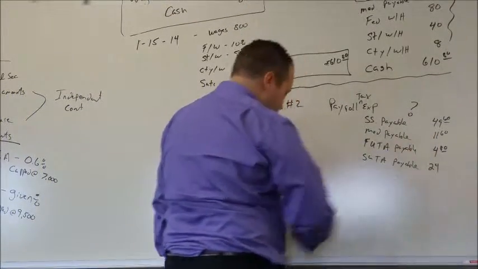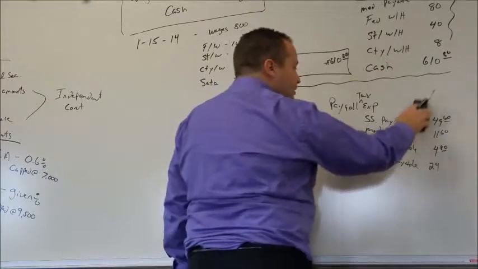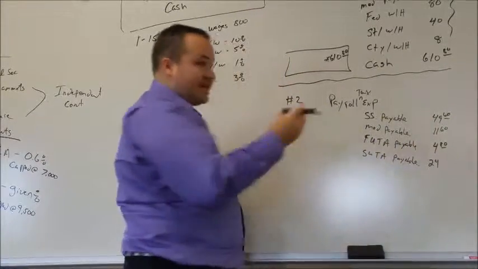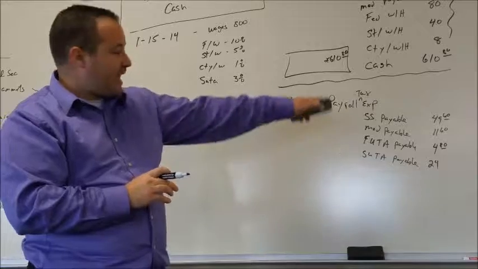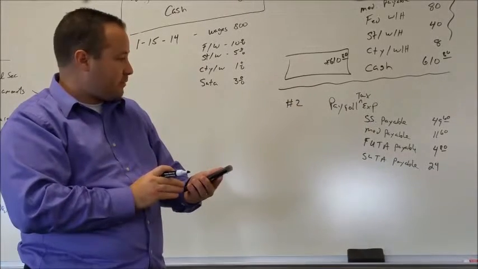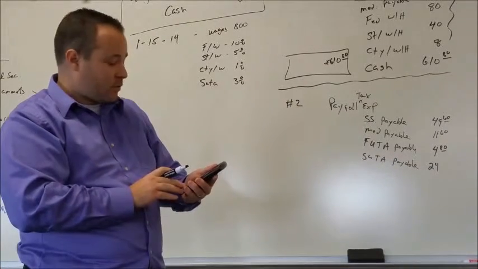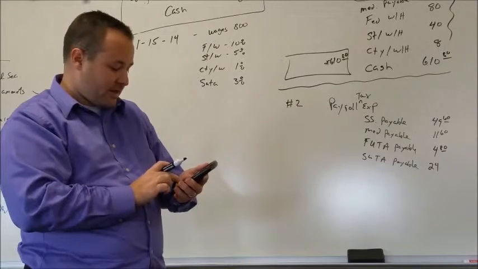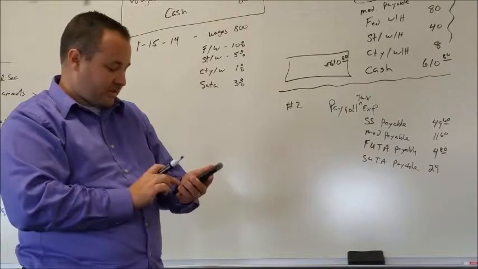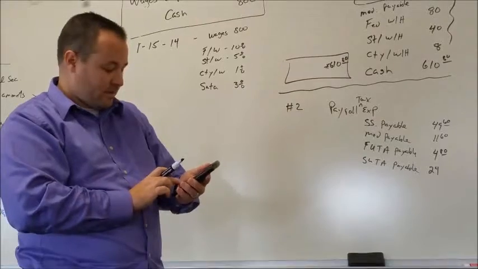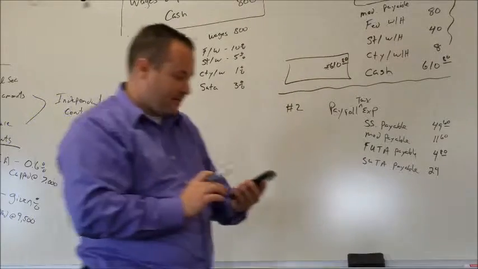All of these taxes the employer has to pay in addition to what the employee has taken out. Now we just simply add them up to get our payroll tax expense. So I got the 24 plus the $4.80 plus 11.60 plus 49.60.